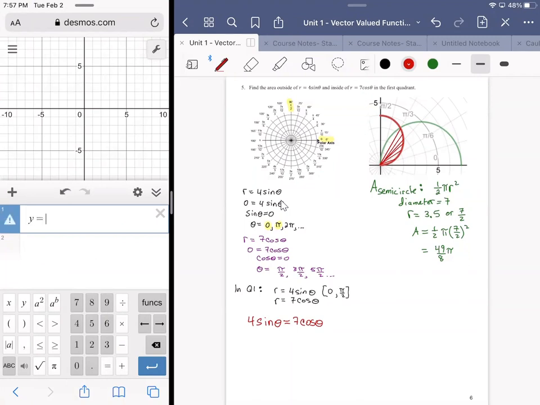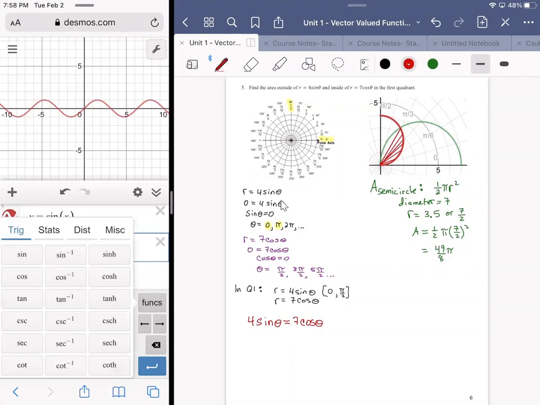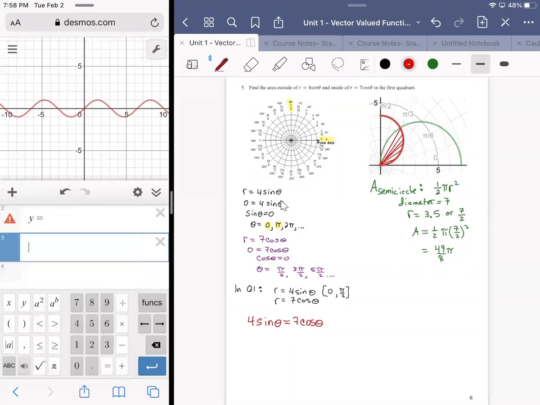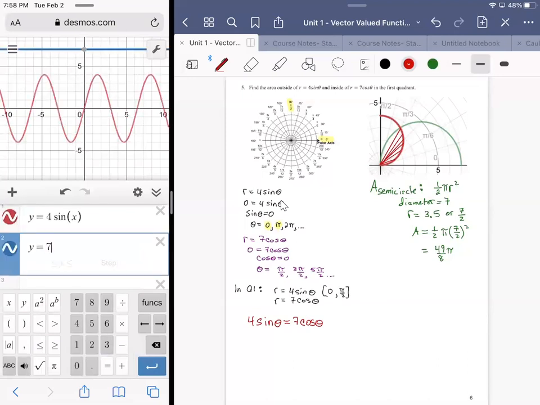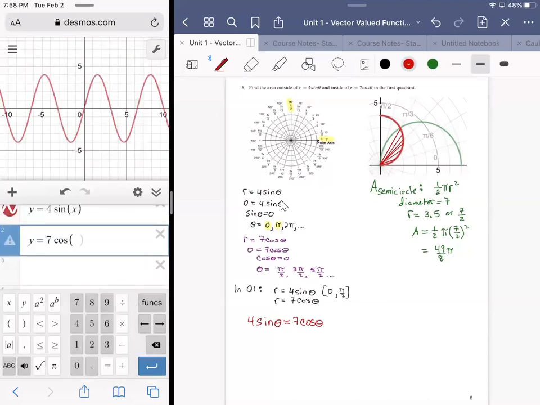Just to save ourselves the algebra, we'll find the intersection using technology. Y equals 7 cosine of theta. Oops, this needs to have a 4 in front of it. 7 cosine.